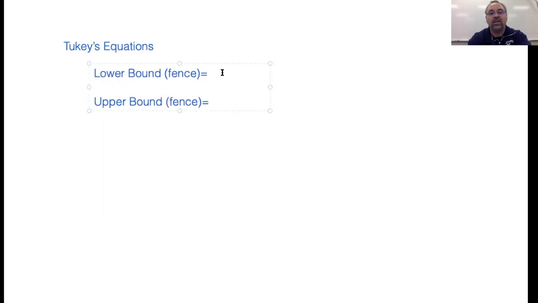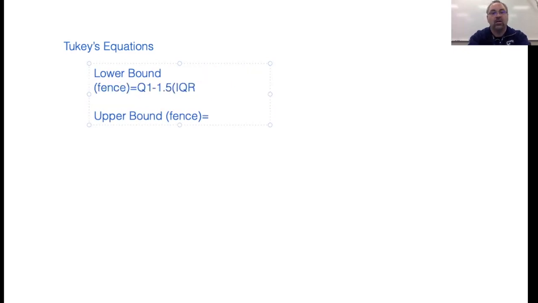Okay. And what he did was he said, okay, if we have a data point that's less than Q1 minus 1.5 times the IQR, we're going to call that an outlier. Let me make the box a little bigger here.